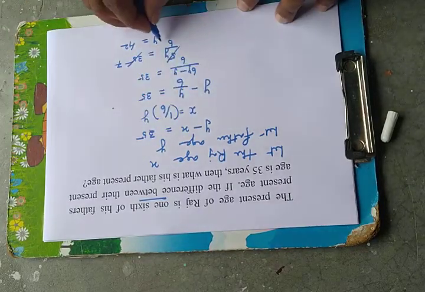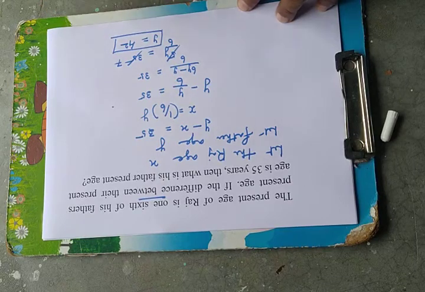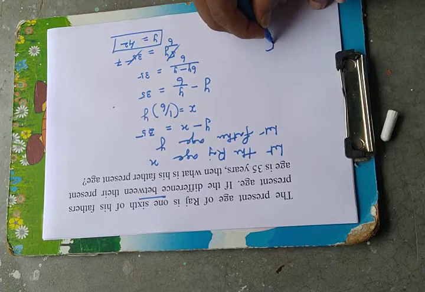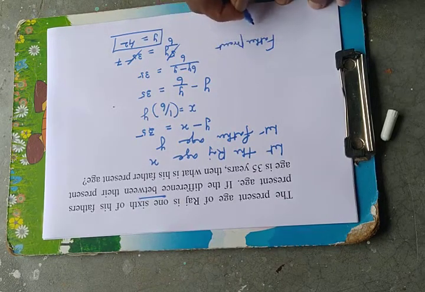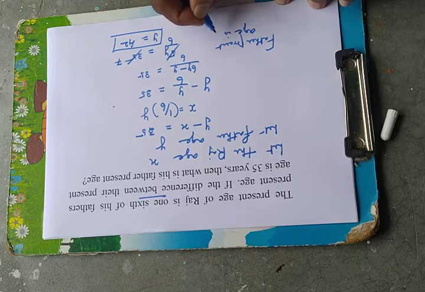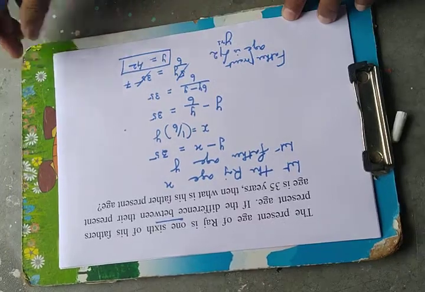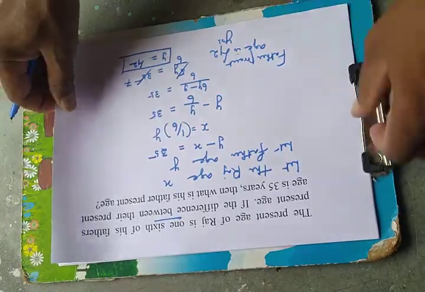Now we got the y value: 42 years. Therefore, the father's present age is 42 years. That's okay. This is the answer to the given question. Now we'll continue with the next one.